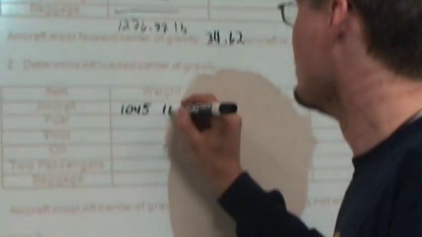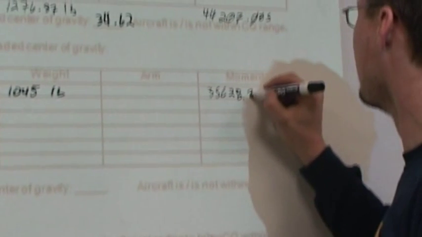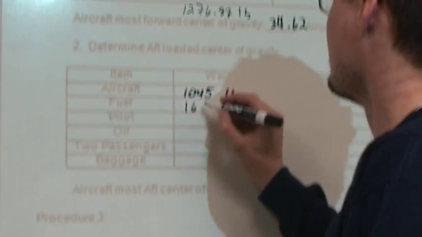So try to load it aft, let's see. Our aircraft empty weight was 1,045, and our empty weight moment was 35628.88. And now, since this is aft and the fuel tanks are located after the CG range, we go with full fuel, which is 156 pounds.